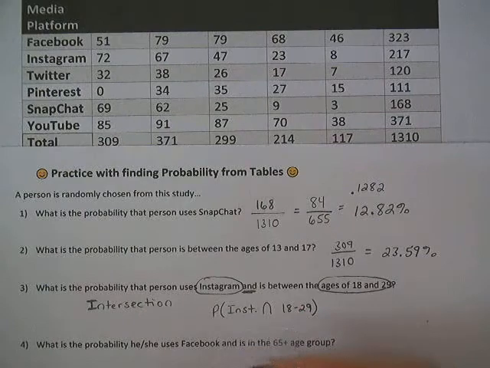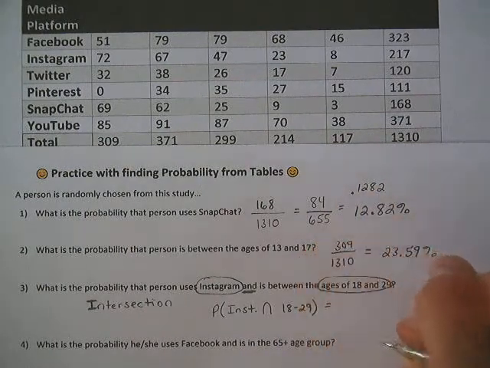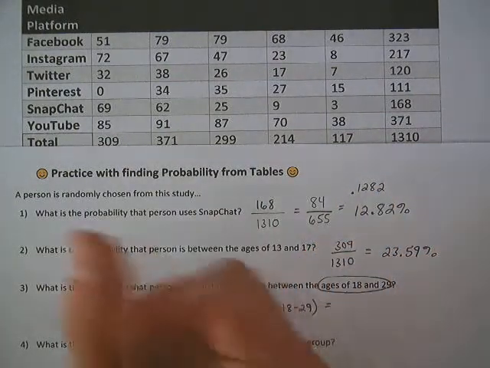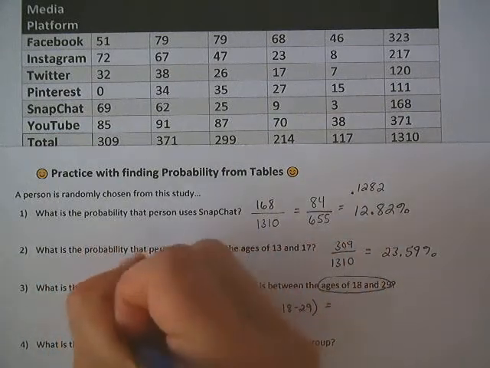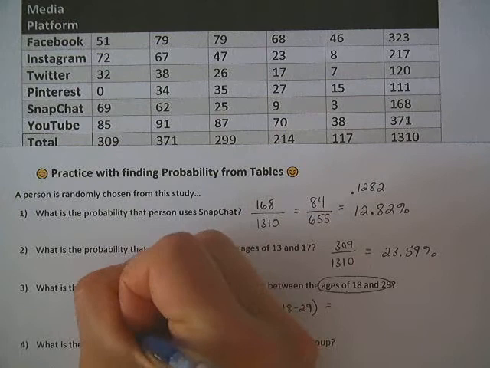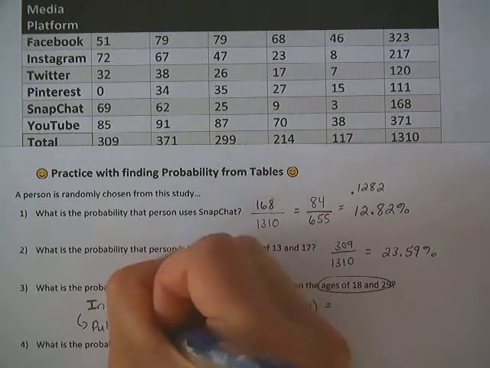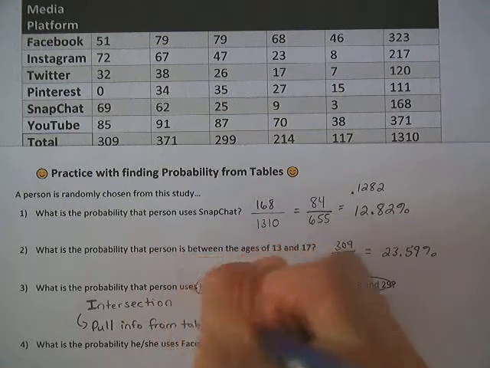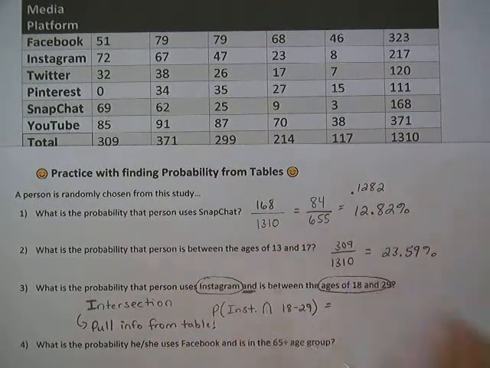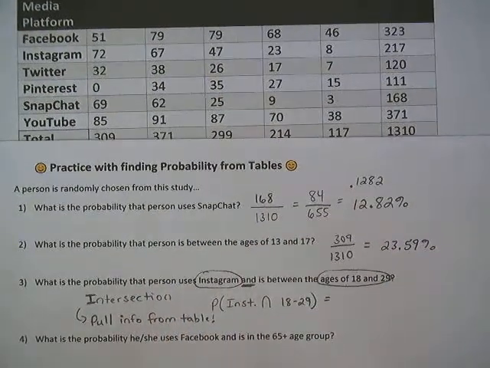And so that's the notation. But like I said, with these intersection problems, you can just pull your information directly from the table. You don't really have to do all the work that we had to do before because they're actually going to give you all the information you need, okay? And so I'm going to put that little reminder there so that you can remember that you can get your information straight from the table.